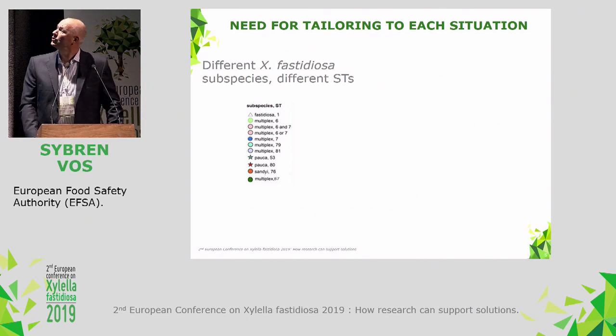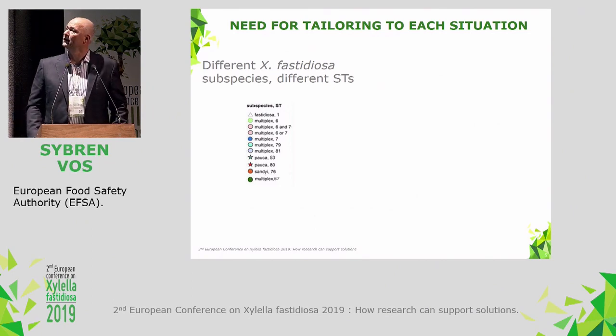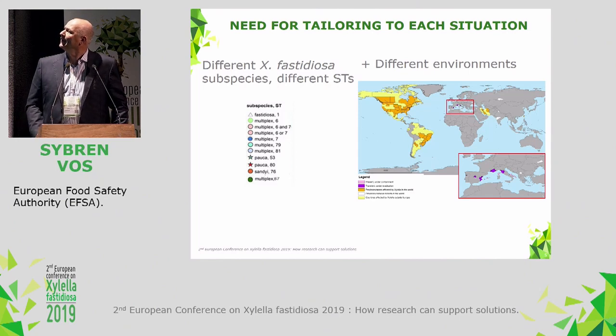So what do we need to look for? First of all, in the surveillance for Xylella fastidiosa, and we described all these different processes in the survey card, as I've already indicated, we are looking for any type of Xylella fastidiosa subspecies in terms of STs, etc. We want to find any type of Xylella fastidiosa in different environments.